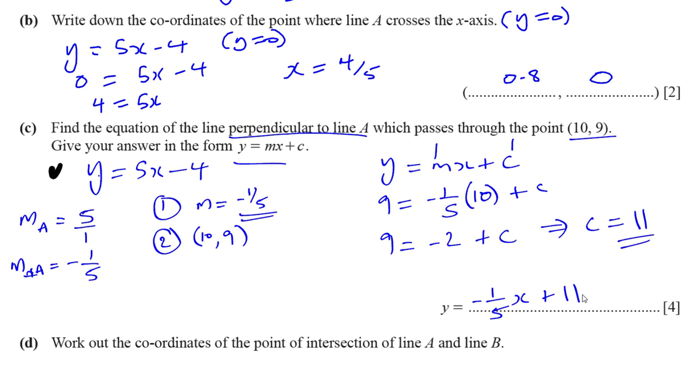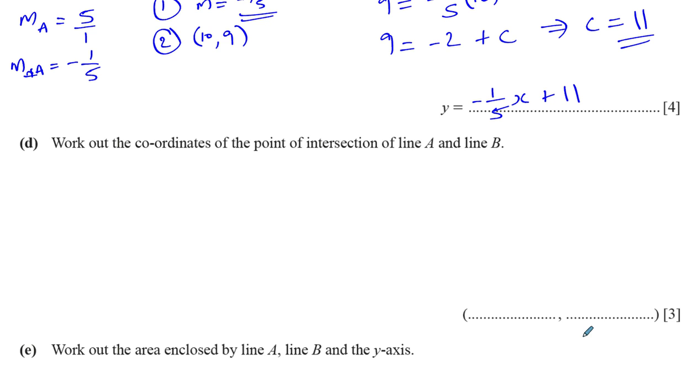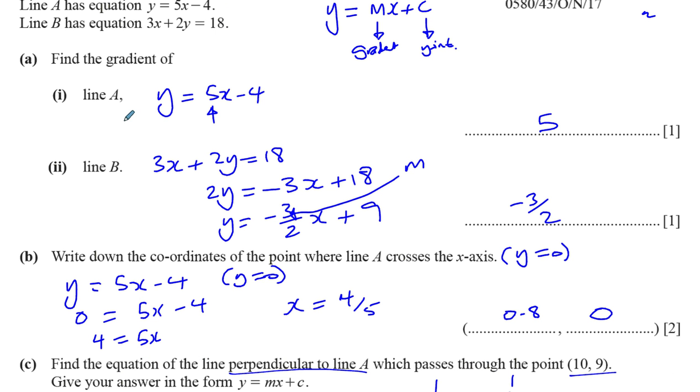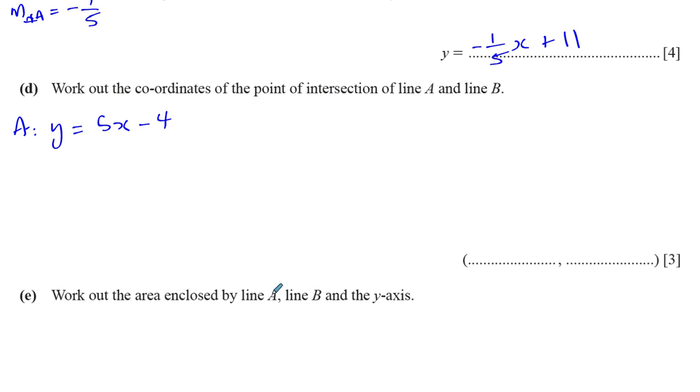Now it says work out the coordinates of the point of intersection of line A and line B. Line A has the equation y equals 5x minus 4, and line B has equation 3x plus 2y equals 18.